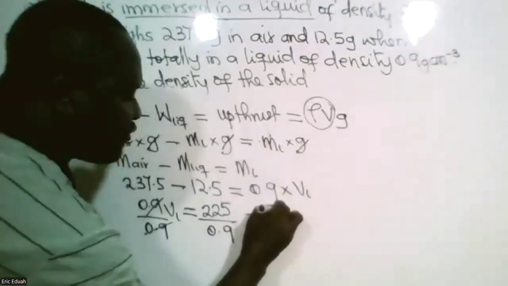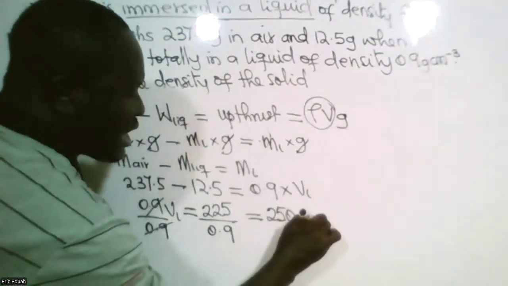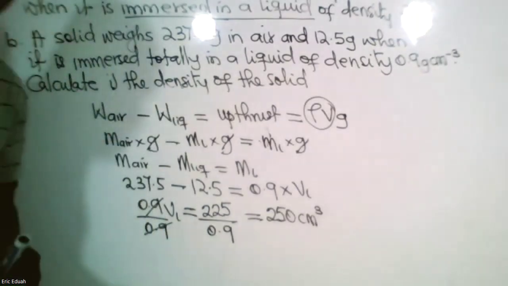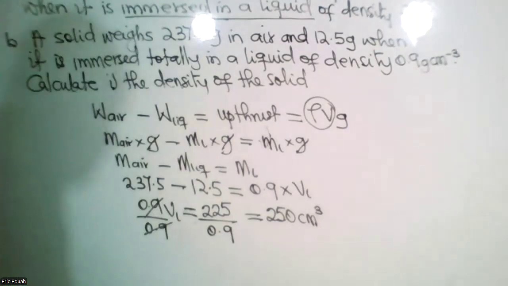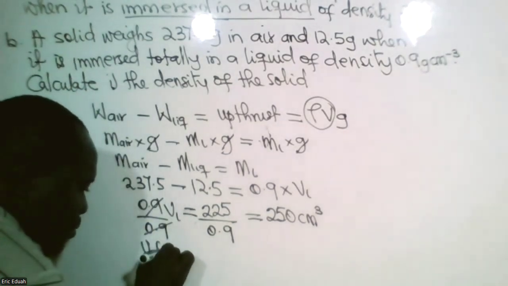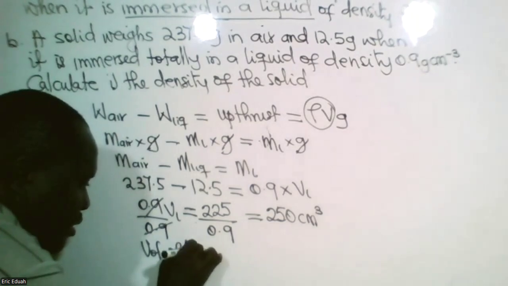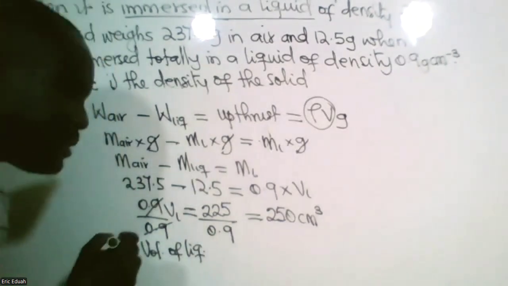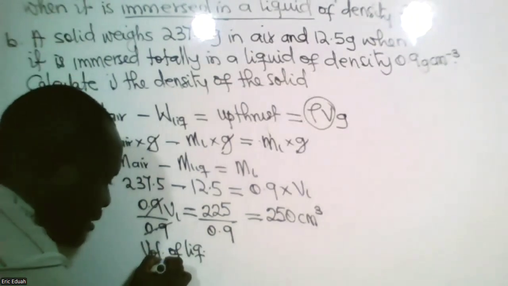So 250 centimeter cube is the volume of the liquid displaced, which is also equal to what?